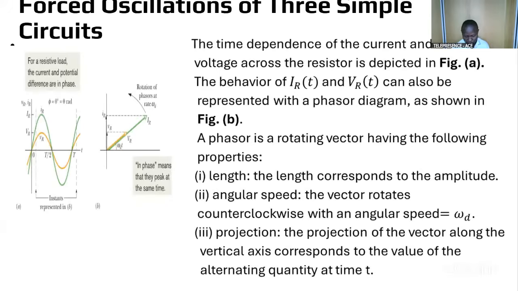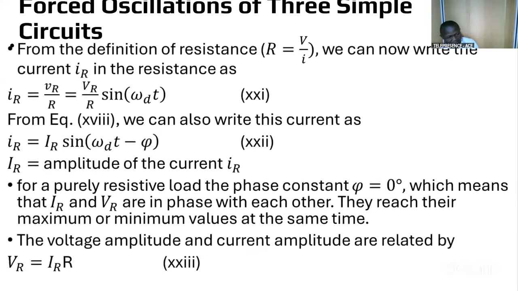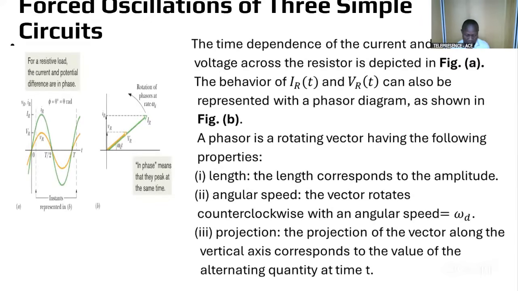Let's look at the recap of what we had on Friday. We started with simple circuits. We have three simple circuits: purely resistive, purely inductive, and purely capacitive. You were made to understand how to differentiate between these circuits. In a purely resistive circuit, the current and voltage are in phase, that is, the phase constant is 0.